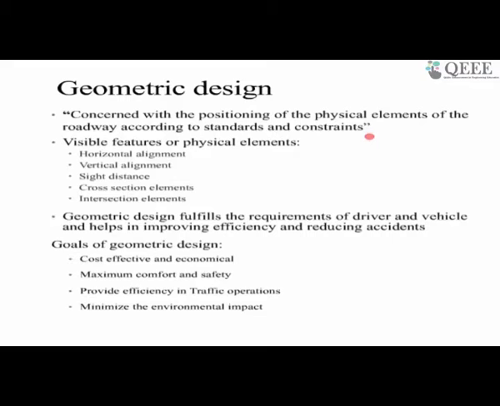And whenever we are doing this design, as with any other design, basically we look into whether the design is cost effective and economical, whether it is providing maximum comfort and safety, and efficiency in traffic operation, and whether it is minimizing the environmental impact. So these are the basic guidelines based on which the overall geometric design is done.